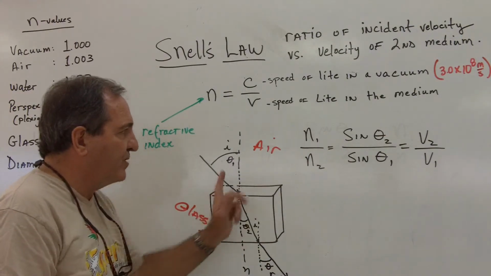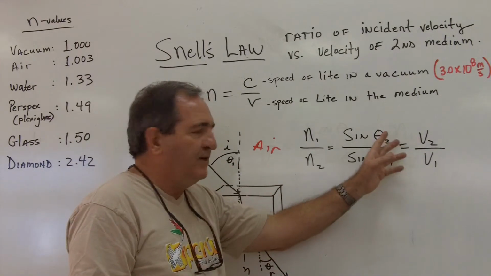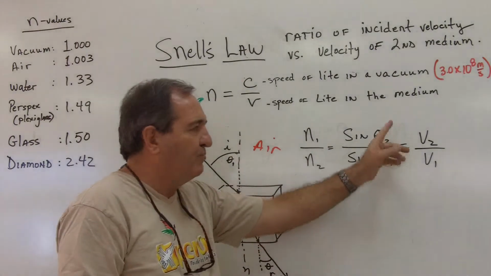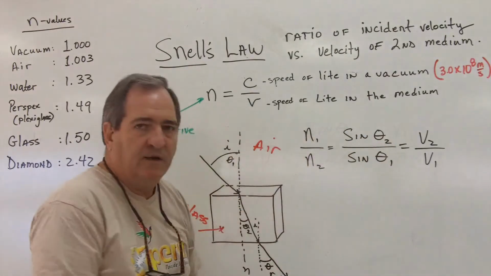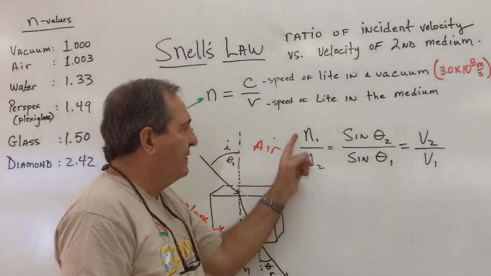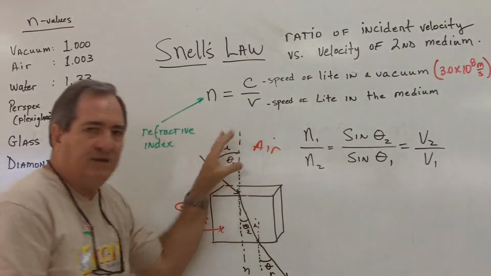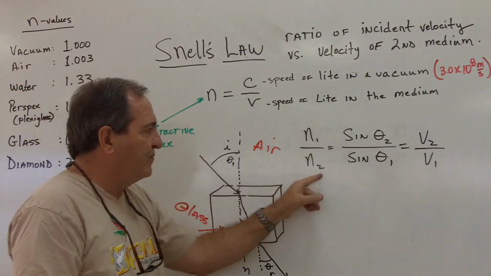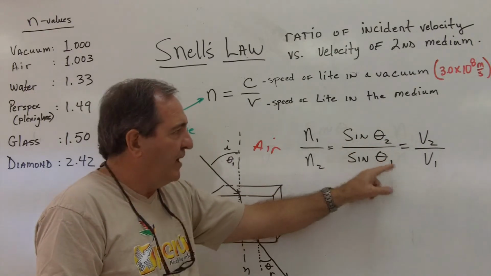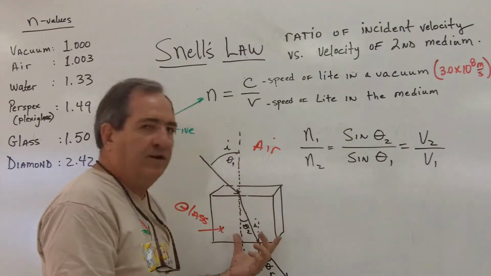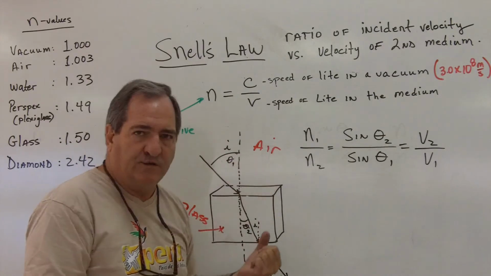We can also calculate what the speed is if we know the speed of one versus the speed of the other. So this is a handy equation, and notice something: the refractive index of the first medium versus the second is 1 over 2, whereas theta is 2 over 1, and velocity is the second one versus the velocity of the first.